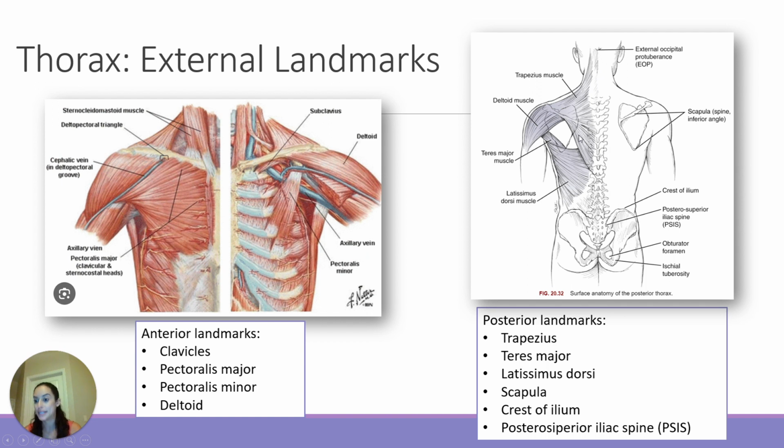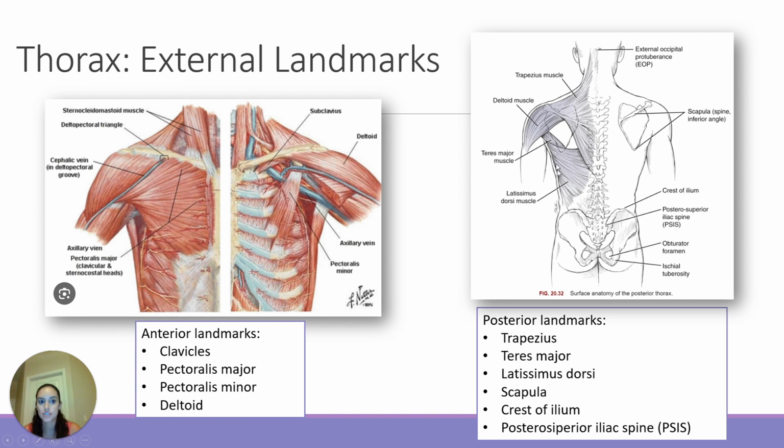Your teres major muscle is right here, it's this little one right here. And your teres major is inferior to the scapula and the humerus. It actually helps form this back part of your axilla. That's where your teres major is located.